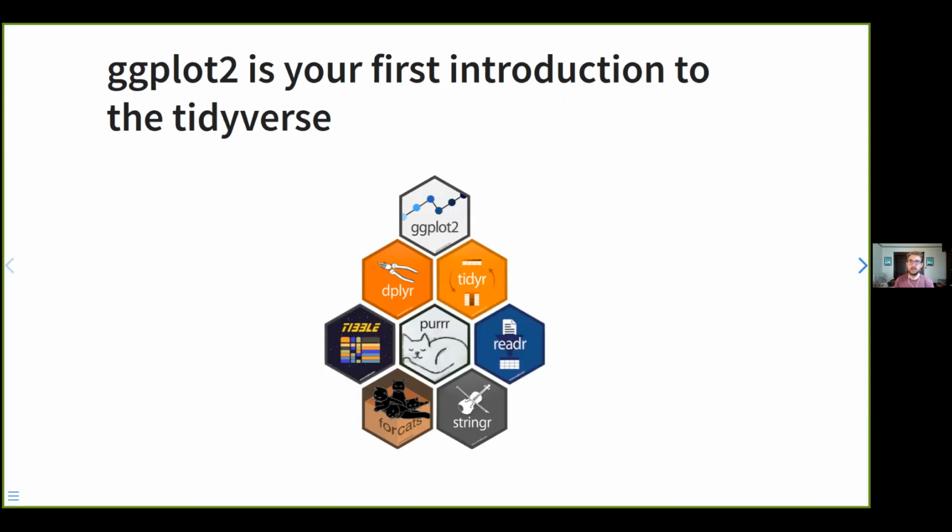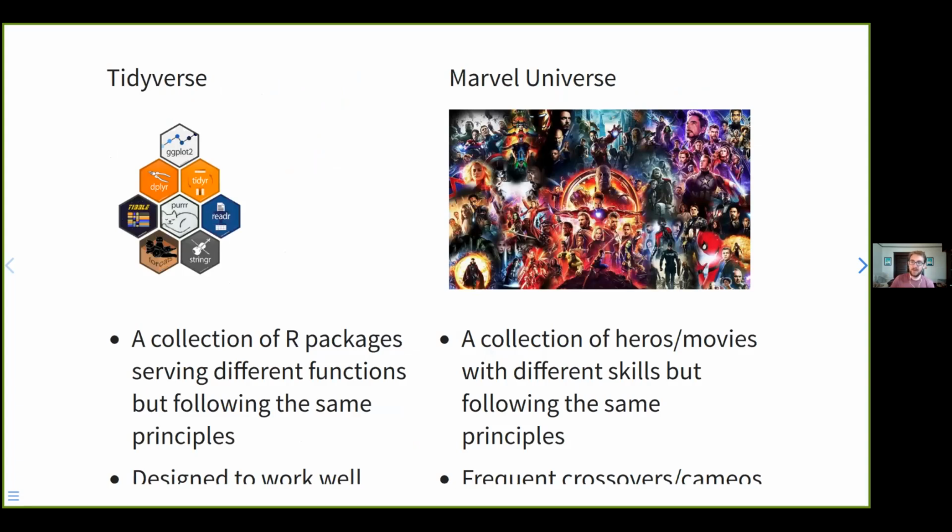You should know that ggplot is your first introduction to what is called the tidyverse. The tidyverse is a collection of packages created by a consortium of people who got together and had some ideas about how they wanted to do data analysis and make it easy and intuitive for people to understand. You can think about the tidyverse as similar to the Marvel universe.